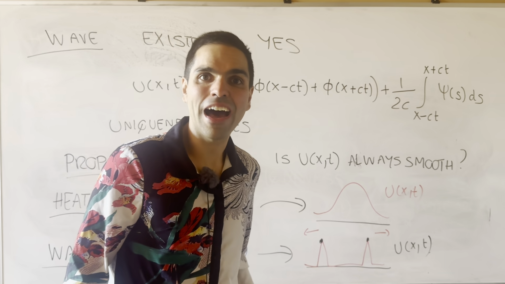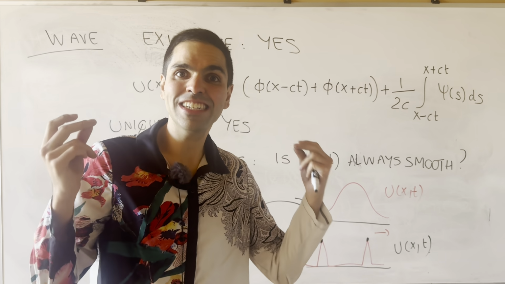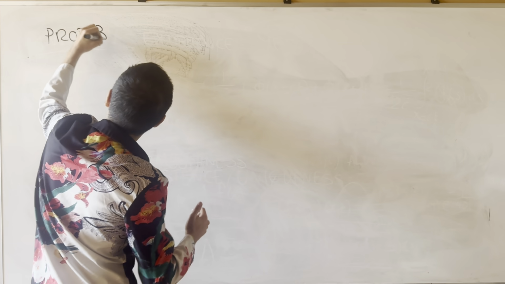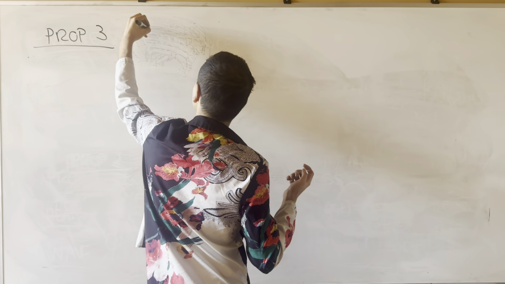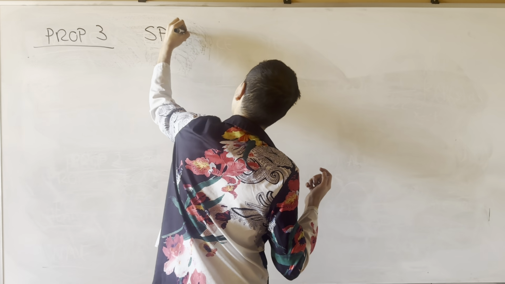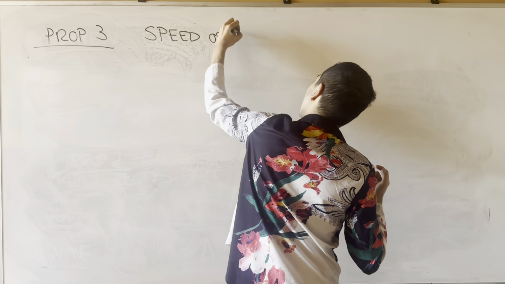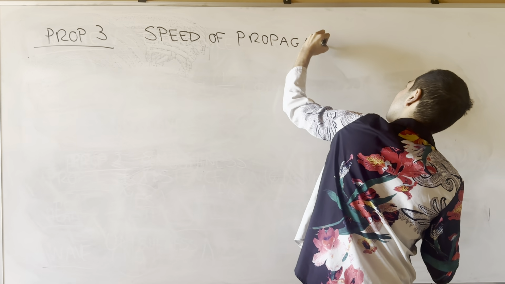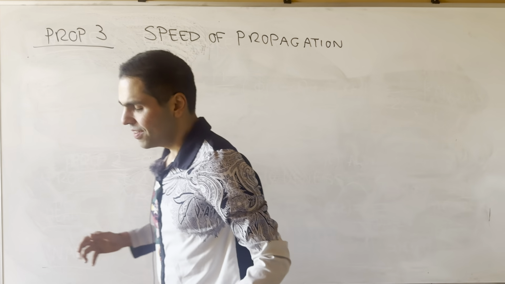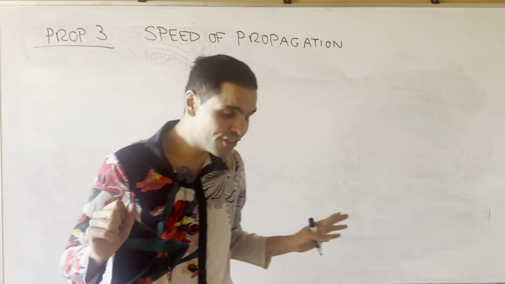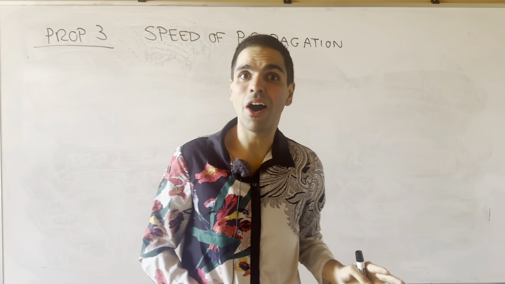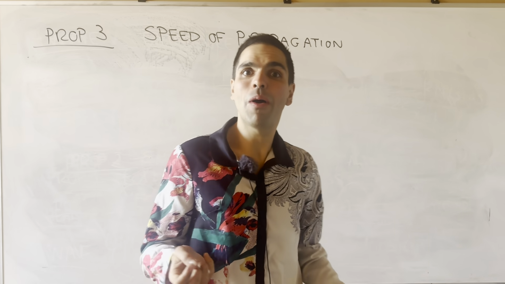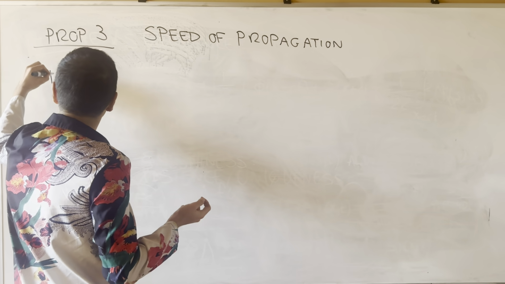Now the third battle is about speed of propagation. So property 3 is speed of propagation. In other words, if the initial condition is positive somewhere, is the solution positive everywhere?